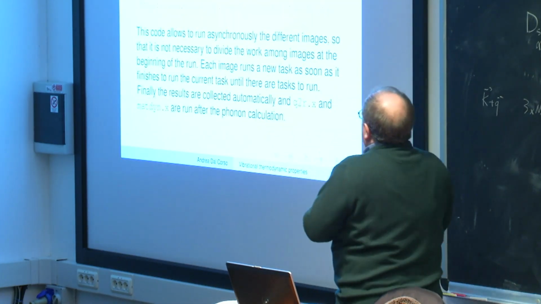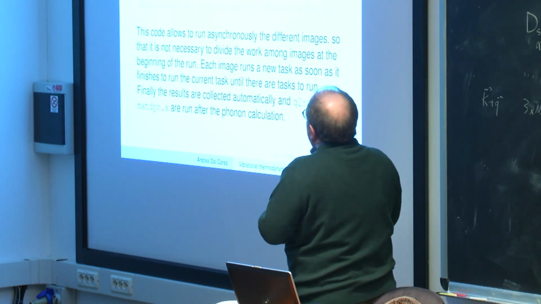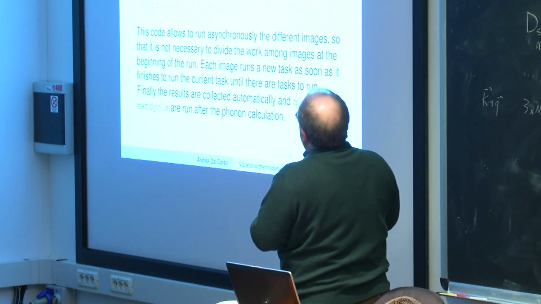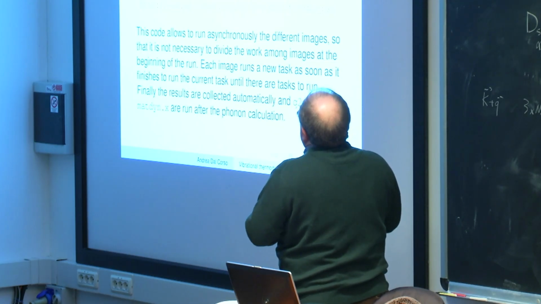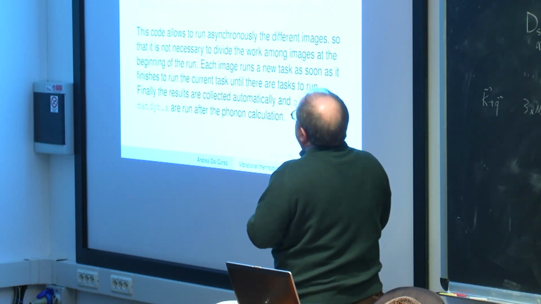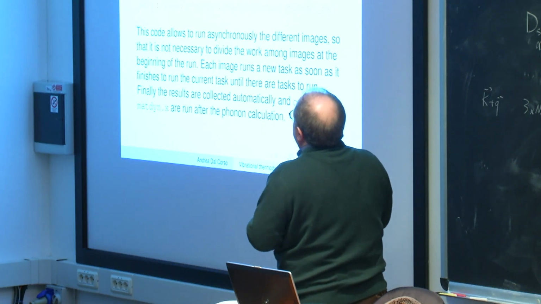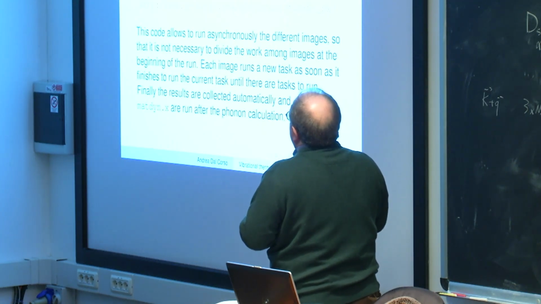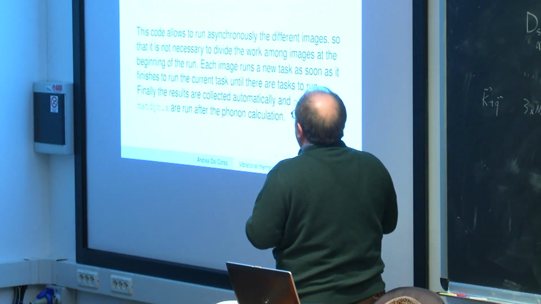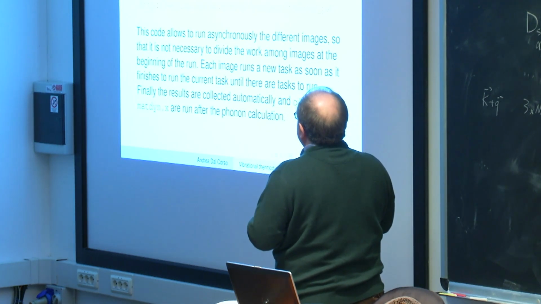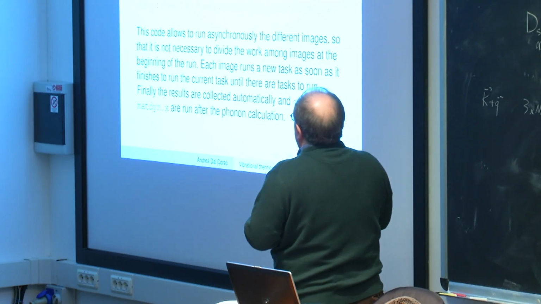There is now a new code called thermo_pw that does all this automatically. Basically, you give the number of images, and it collects the results and presents you with the final phonon dispersion, so you will not have to take care of all the machinery, of where the files are.